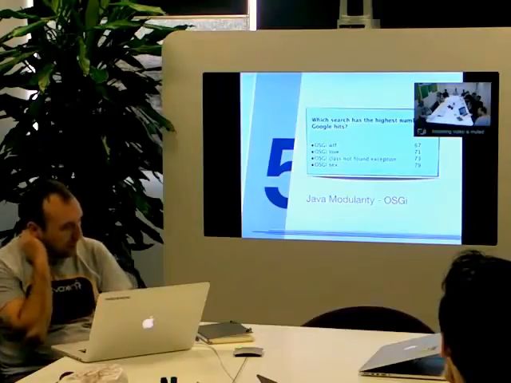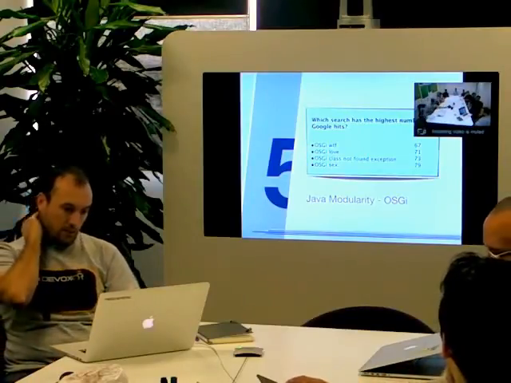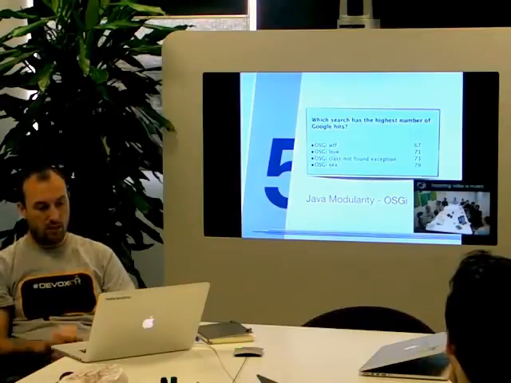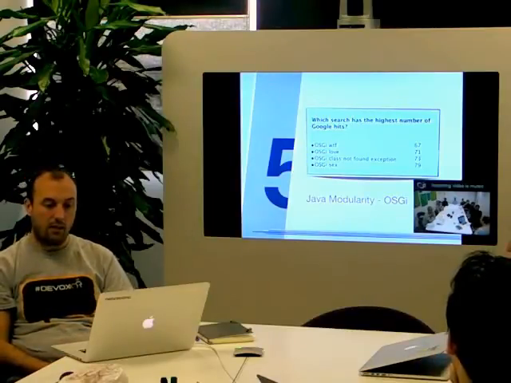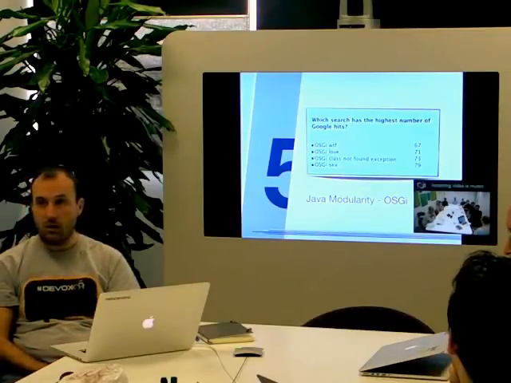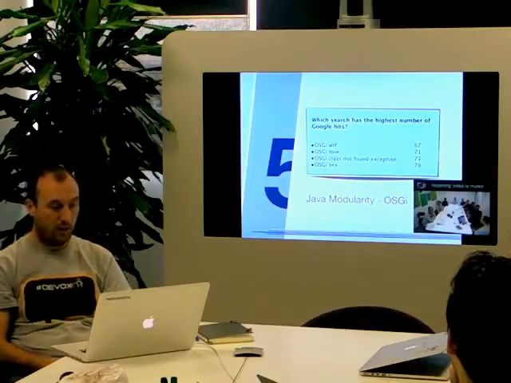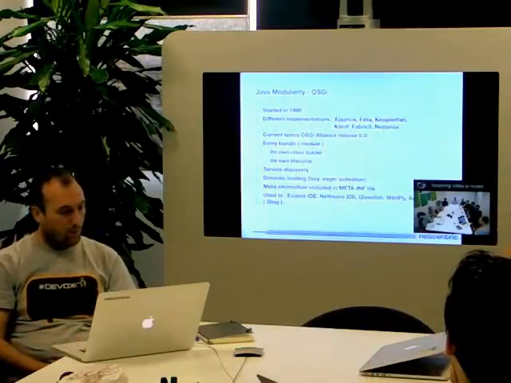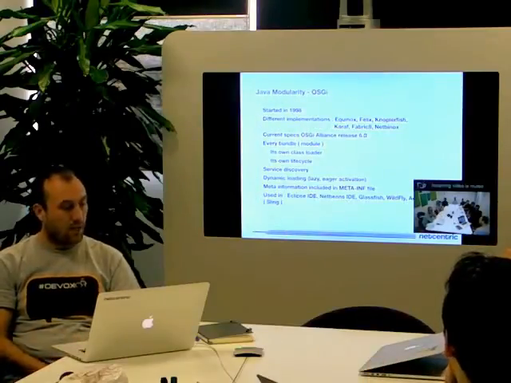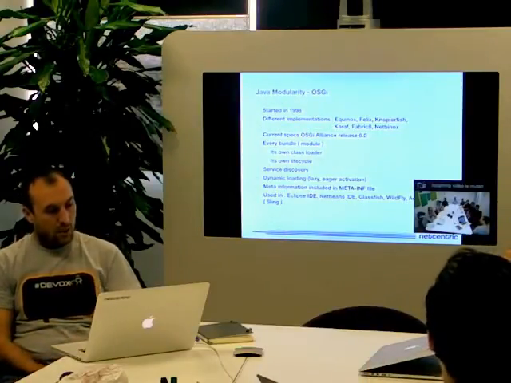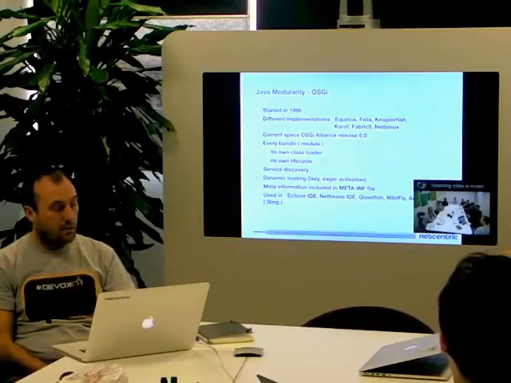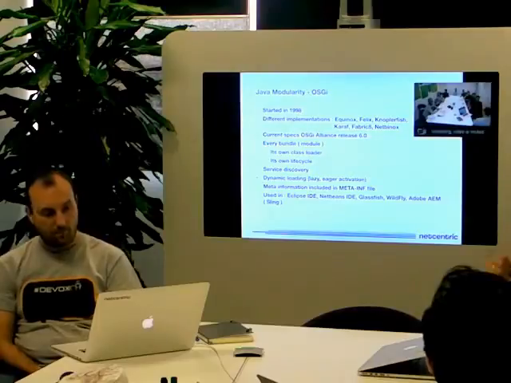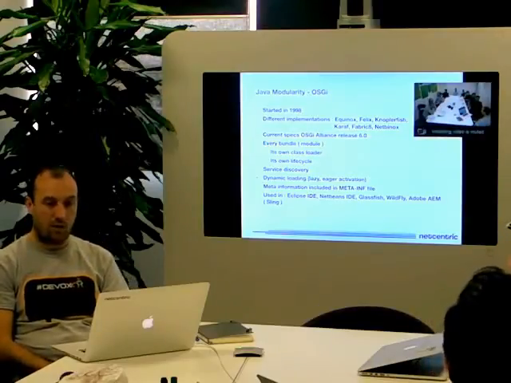So I will start talking about Java modularity considering OSGi, just a little description, as you are all using OSGi, so you know at least some basic features. OSGi was started in 1998, especially to be embedded in devices, what is now called IoT.